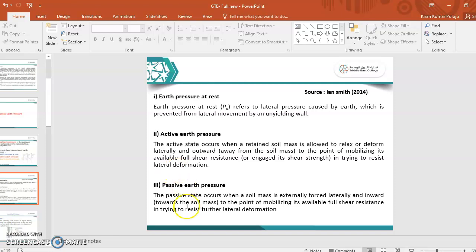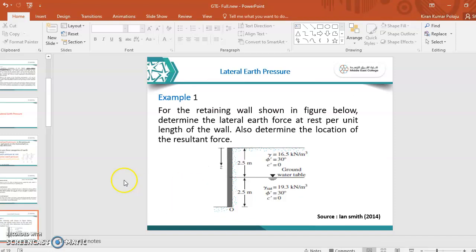The difference between active and passive earth pressure is that in the active state the movement is outward, away from the soil mass, while the passive state occurs when the soil mass is externally forced laterally and inward, towards the soil mass. So this is called passive earth pressure.